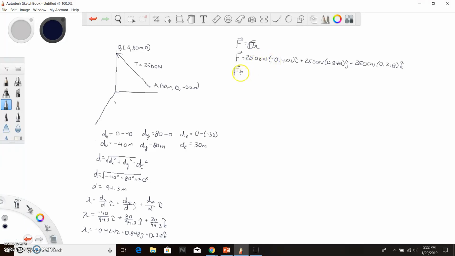When I do this multiplication, I'm going to end up with a negative 1,060 newtons i hat, plus 2,500 newtons times 0.848, that's 2,120, and 2,500 times 0.318 ends up being 795.